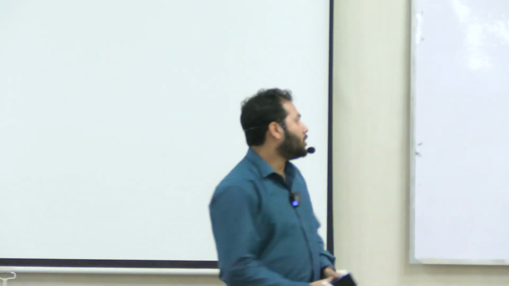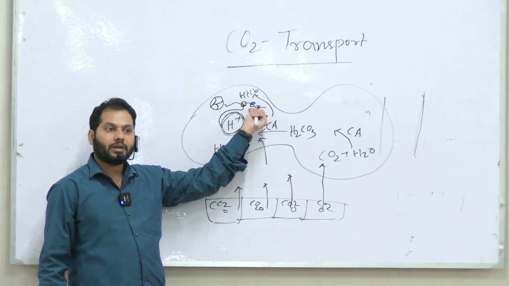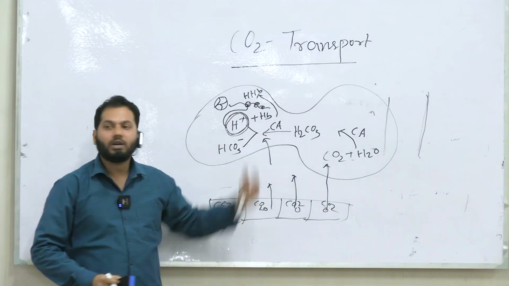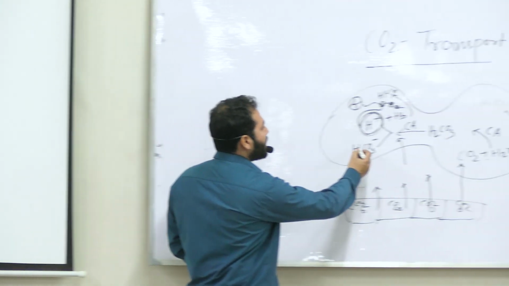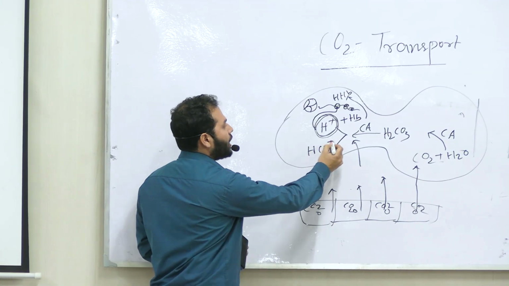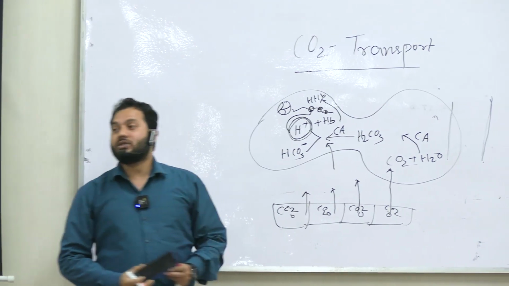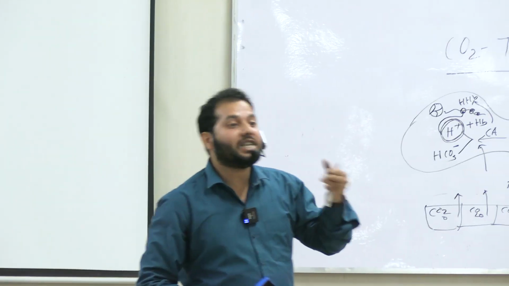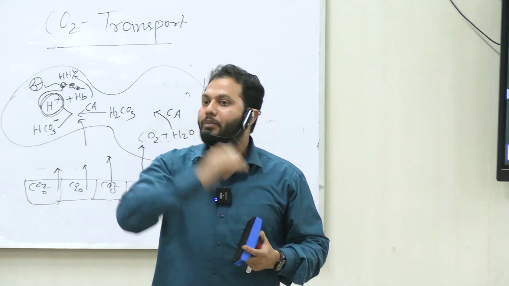So here, due to the binding of H plus ion with this hemoglobin, again there is a change in the pH of the medium, right? Because now only H plus HCO3 is remaining here, right? So blood needs to maintain the specific pH so that carbon dioxide transport will be proper.